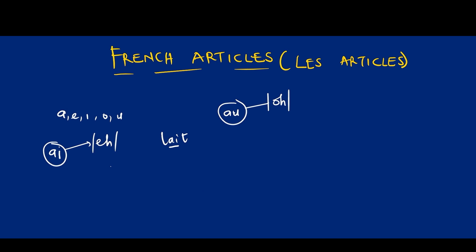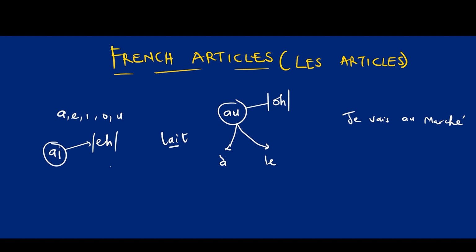In fact, the word "au" in French is the combination of two things. When we get to parts of speech, we are going to talk about that. It is the combination of "à", which means "to", and "le". When you combine these two together, we get "au". Je vais au marché simply means I'm going to the market.